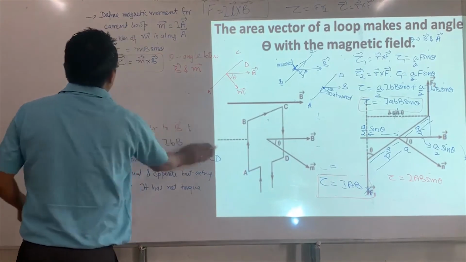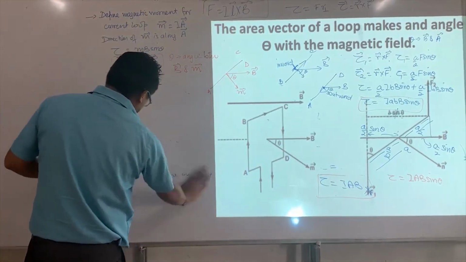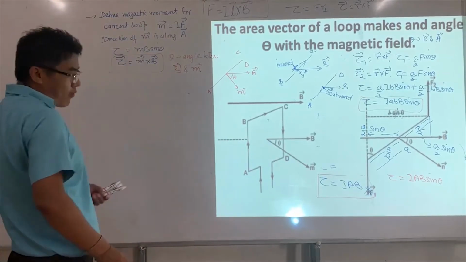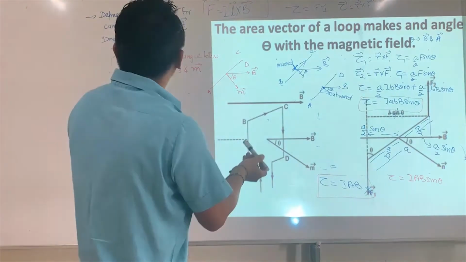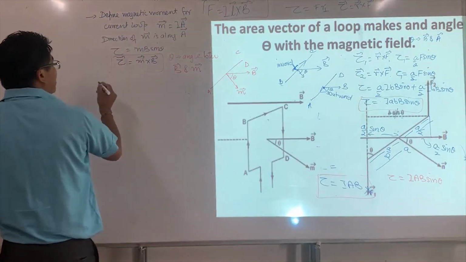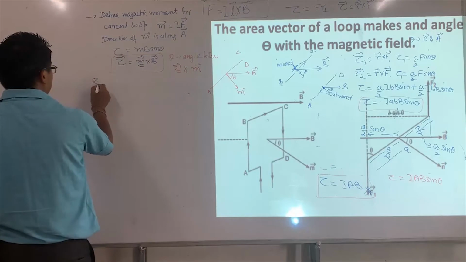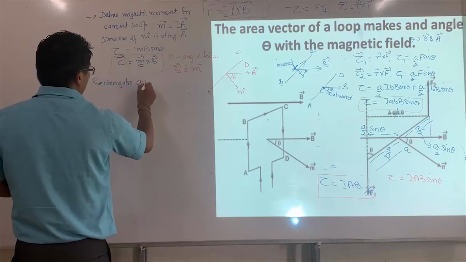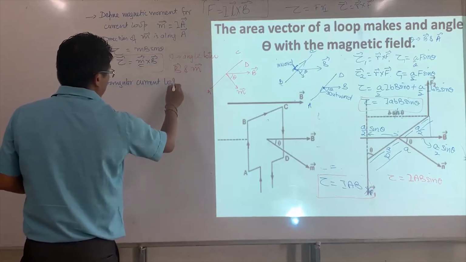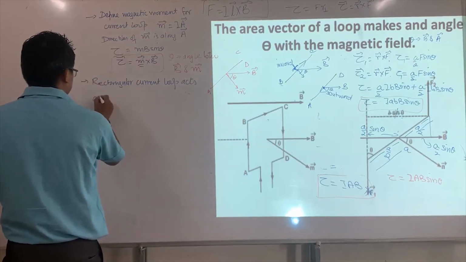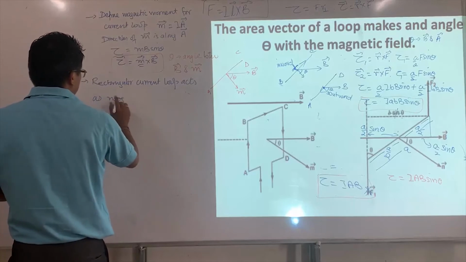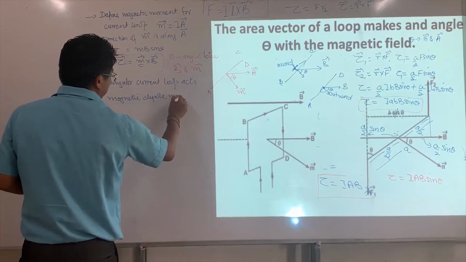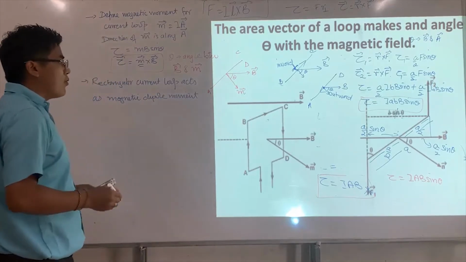So this is what we have, the torque experienced by a rectangular current loop. So what I am going to conclude here is that a rectangular current loop acts as a magnetic dipole. So conclusions: rectangular current loop acts as a magnetic dipole moment.